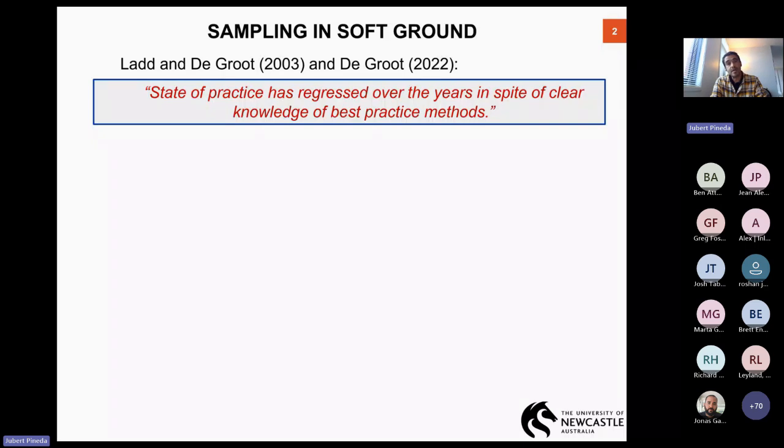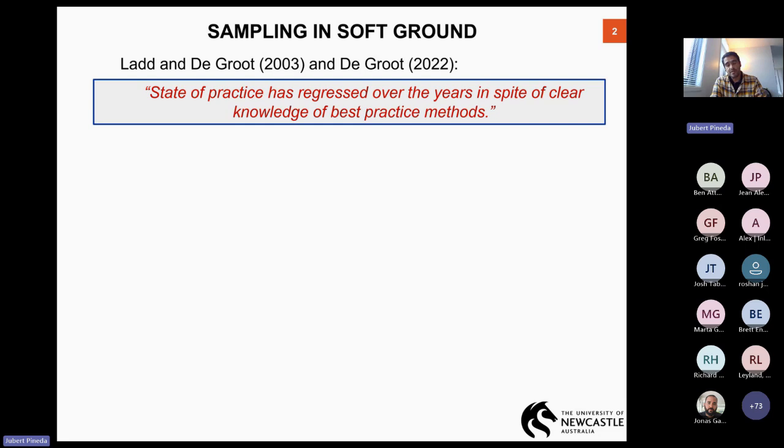In 2003 they delivered the Casagrande lecture in the US, and Don DeGroot in 2022 delivered the Charles Ladd lecture as part of the ASCE seminars that they ran in the US. They both agree that back in 2003 and just 3 years ago, the state of practice in terms of soil sampling has regressed over the years in spite of clear knowledge of best practice methods.